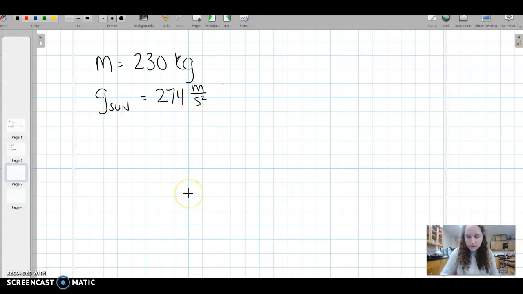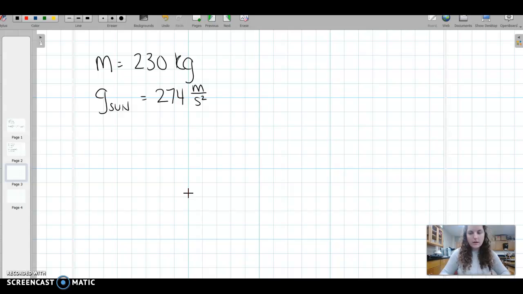And again, how do we get that gravitational attraction? Well, it all has to do with our attraction to the massive object. Like the Earth, we're gravitationally attracted to the Earth, 10 meters per second squared. Well, on the sun, that star has a lot of mass, so we are very attracted to it. How much are we attracted to it? 274 meters per second squared.